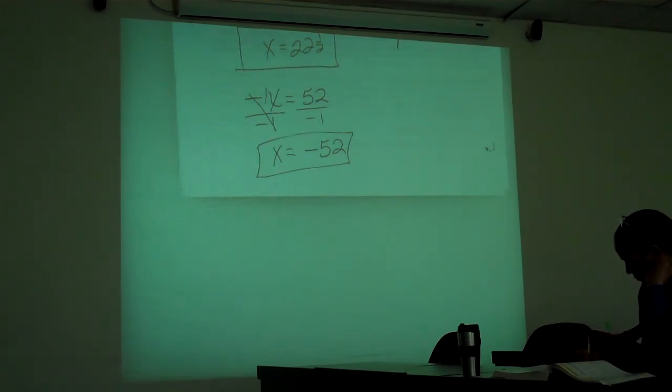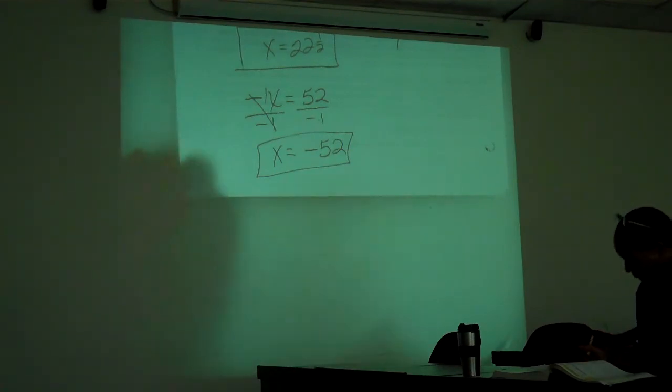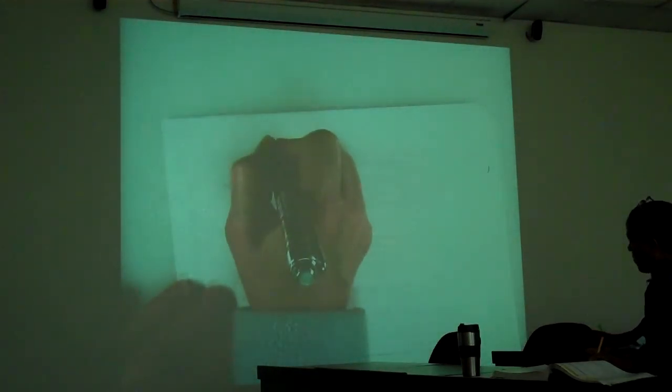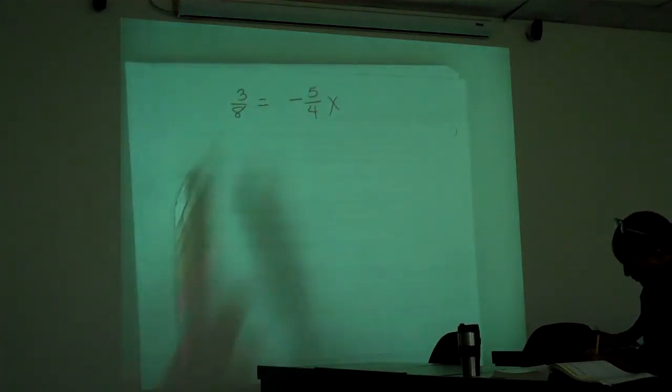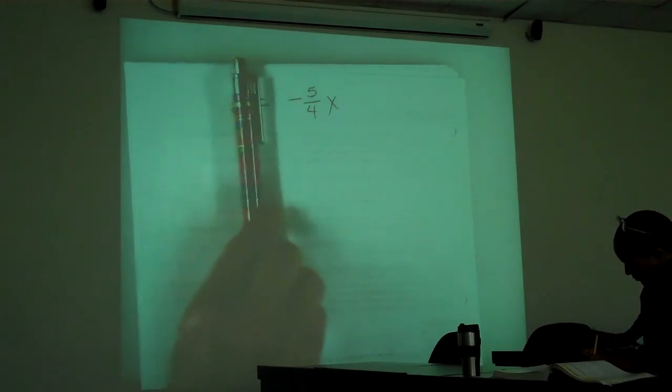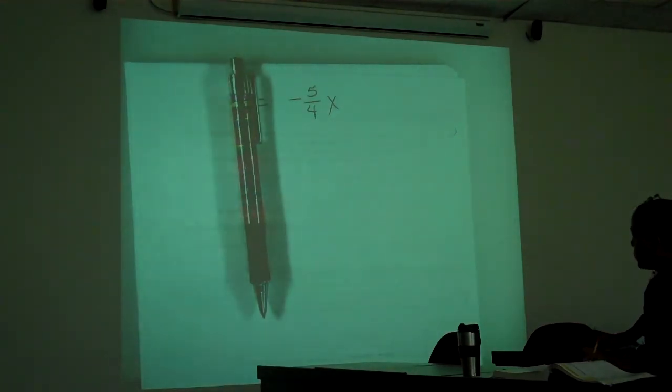Let's do a negative with a fraction. Let's say we have 3/8 equals -5/4 x. What you do is you look at the side where the variable is.